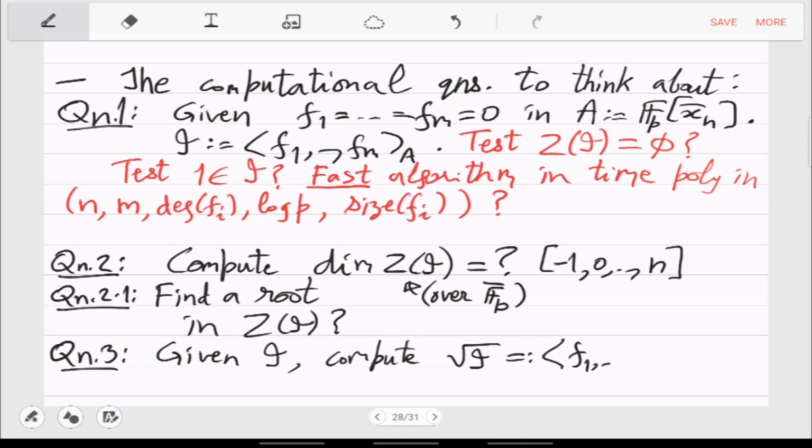So you have to grow that generating set. Given the ideal I via generators f1 to fm, find these extra generating polynomials g1 to gm' such that the overall thing is equal to the square root of I. That's another question.